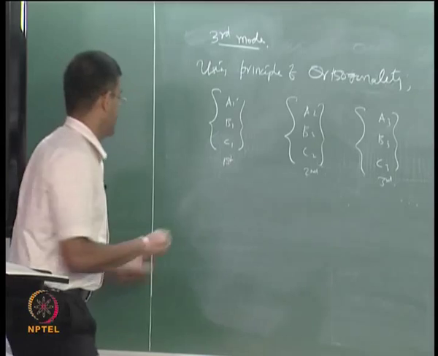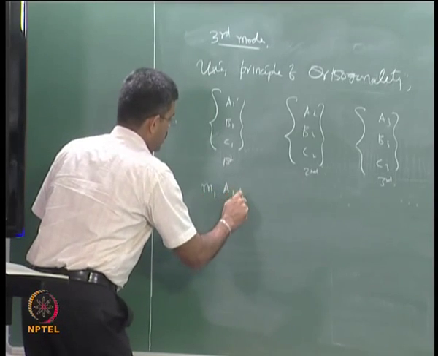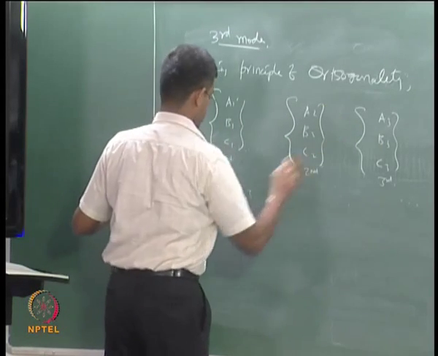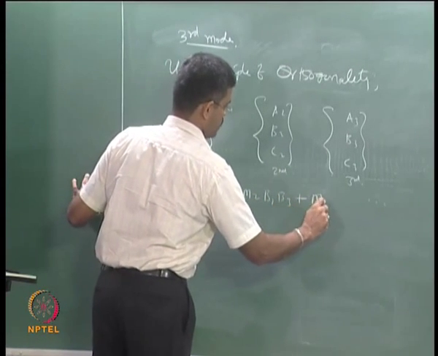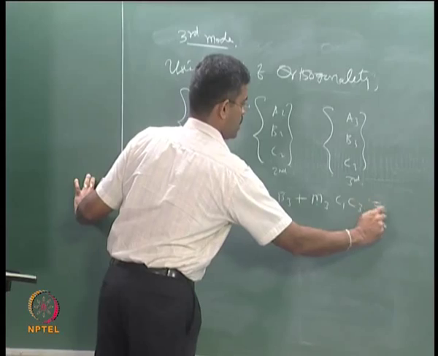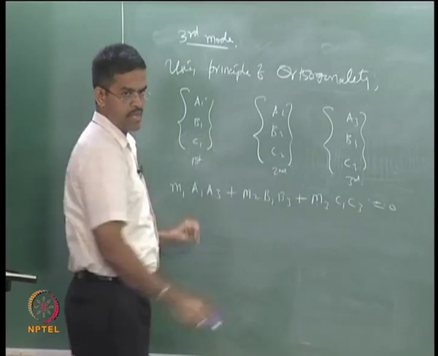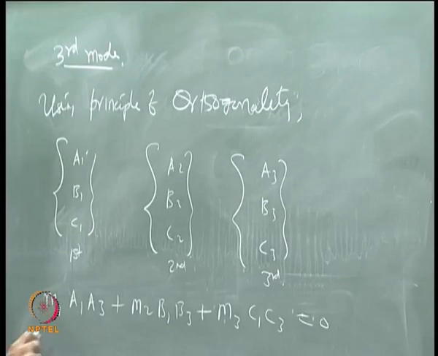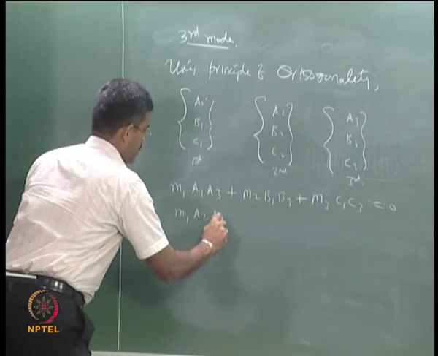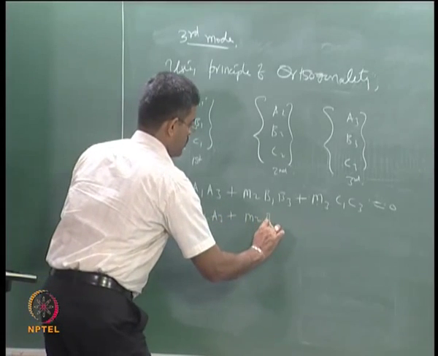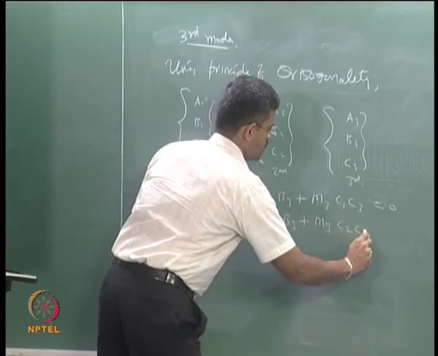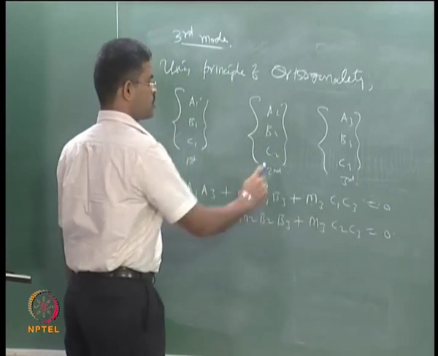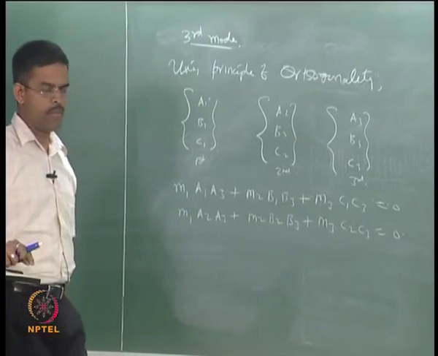I should say M1, A1 and A3, I am crossing 1 and 3, plus M2, B1 and B3 plus M3, C1 and C3 is 0 because I am crossing I and J. Similarly M1, A2 and A3 plus M2, B2 and B3 plus M3, C2 and C3 is again 0 because I am crossing 2 and 3, I and J are not equal.